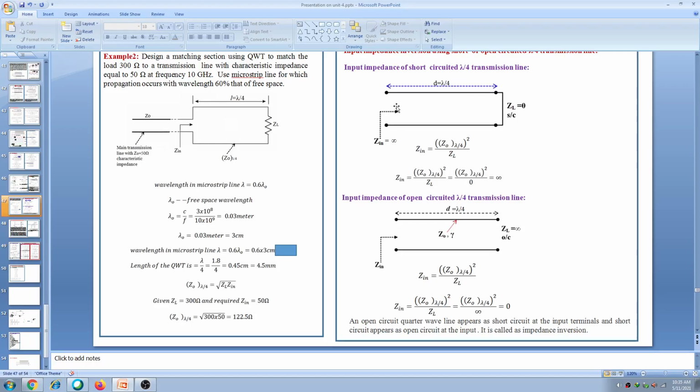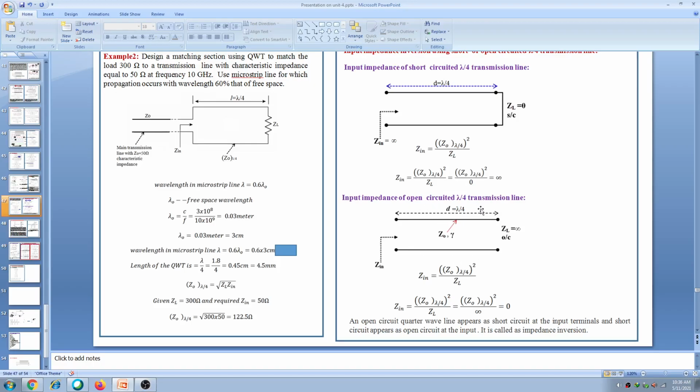So at that frequency the input impedance is infinity. Automatically, whatever exists here is a load. Between this terminal there is an infinite impedance, so current doesn't flow at all to this, even though a short is there. That is a property used in communication system circuits and devices design.